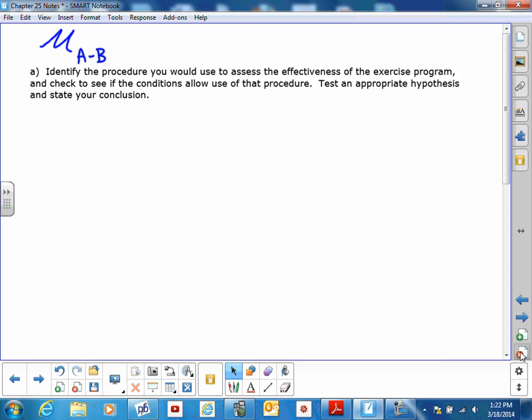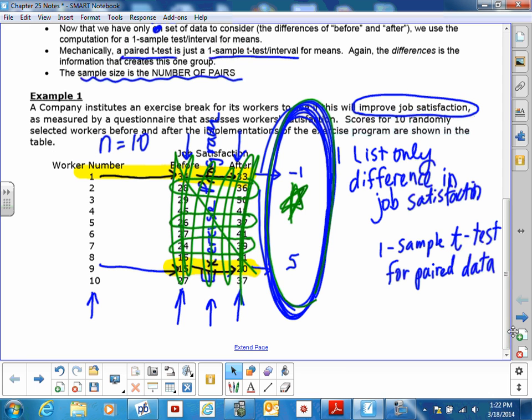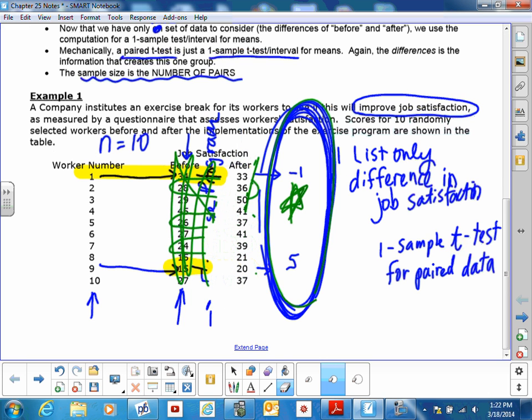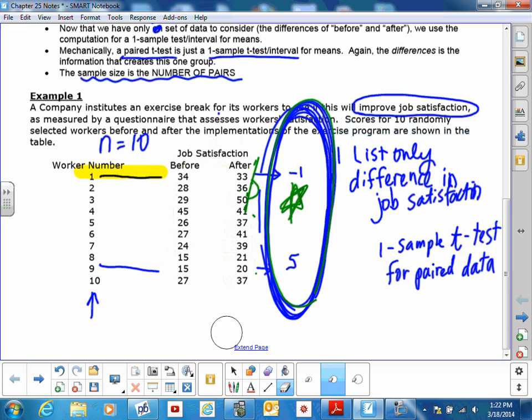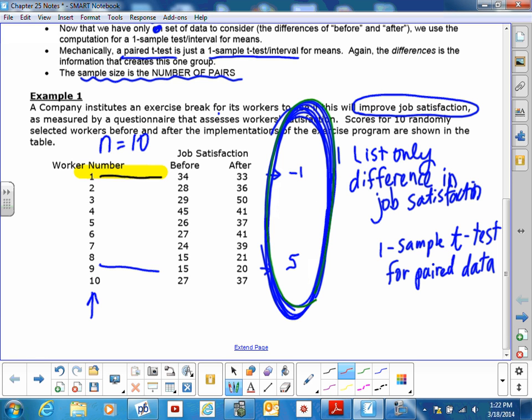Let me explain why that is the best way to go. What happens is this. If you go 33 minus 34, you get -1. So the sign is logical, and it means that from before to after you went down 1.